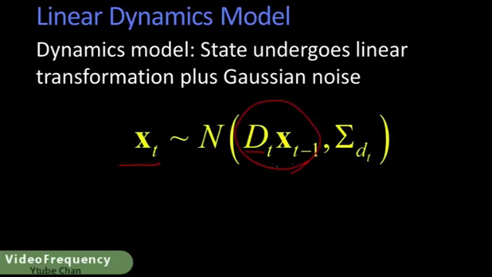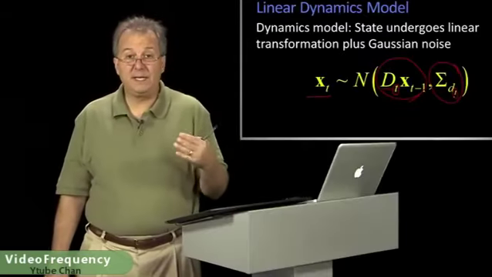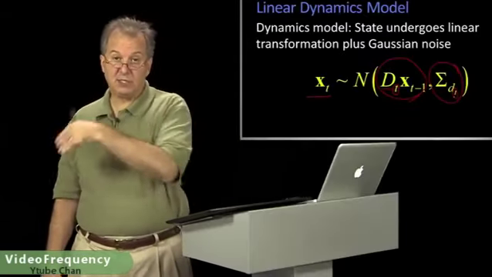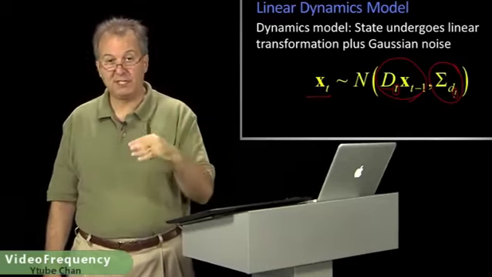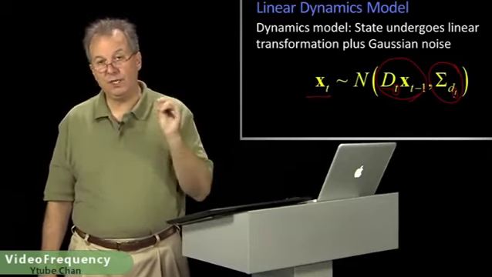And then we put some Gaussian noise around it, some covariance. And by the way, you'll notice this little t here on these D's. What that says is it could be that our dynamics model changes over time. That is, the actual multiplication that we do might change, but we assume we know it.